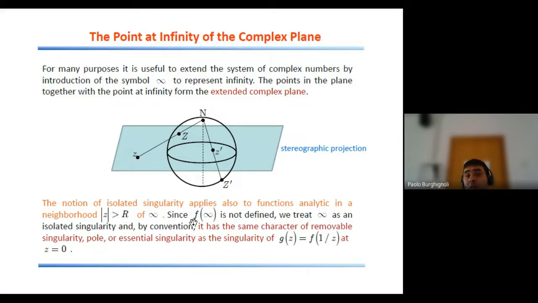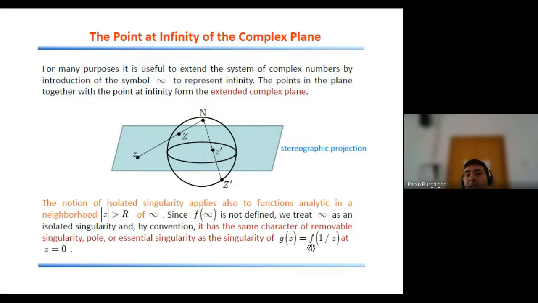Since a function is not defined at infinity, we can treat infinity as an isolated singularity. So we must examine the behavior of our analytic function in a neighborhood of infinity, and by convention we will classify this isolated singularity by letting the function f correspond to a function g by means of this inversion.